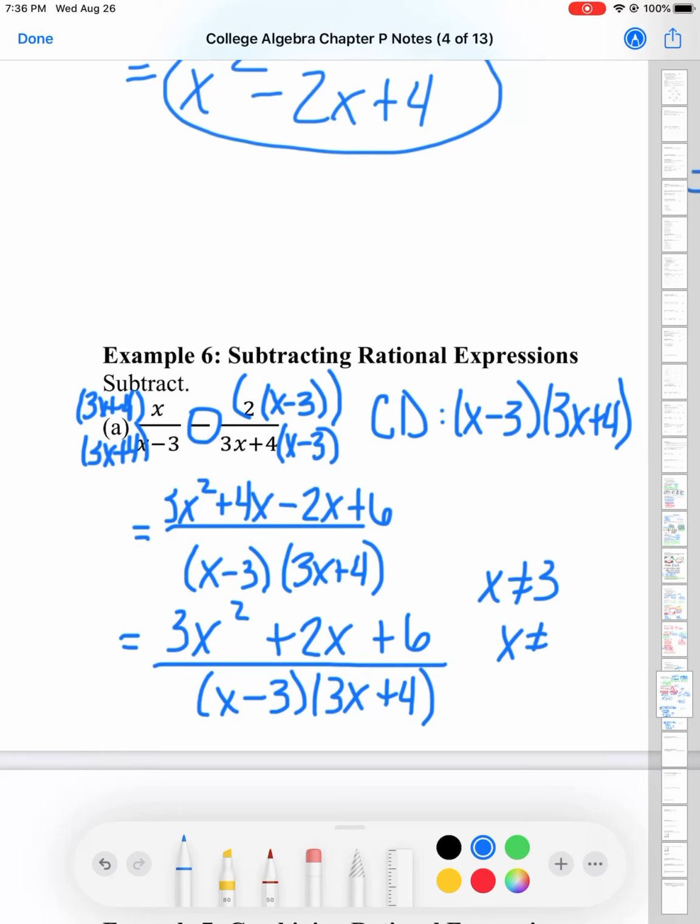Remember, x cannot be 3, x cannot be negative 4/3. I did check to see if the top would factor. There are no two factors of 18 that add to 2. So there's nothing more we can do there.